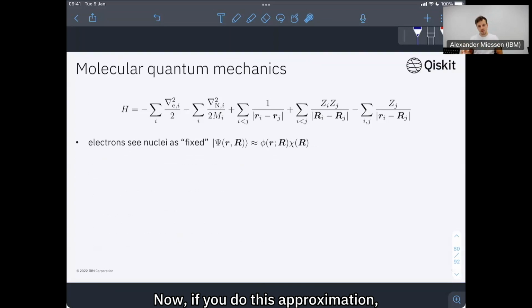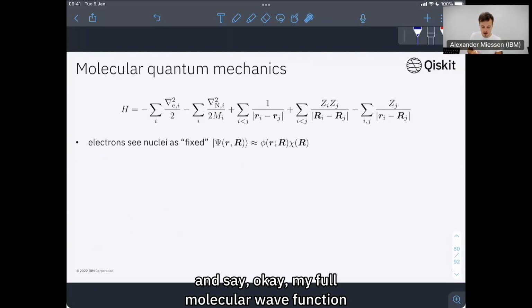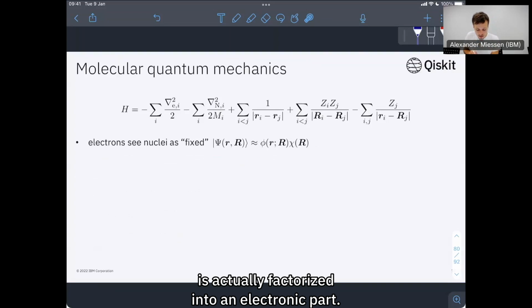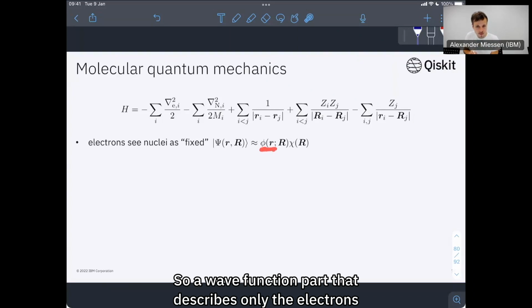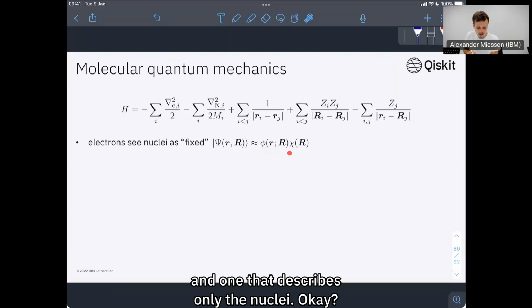Now, if you do this approximation, you can do another approximation and say, okay, my full molecular wave function is actually factorized into an electronic part, so a wave function part that describes only the electrons, and one that describes only the nuclei, okay?